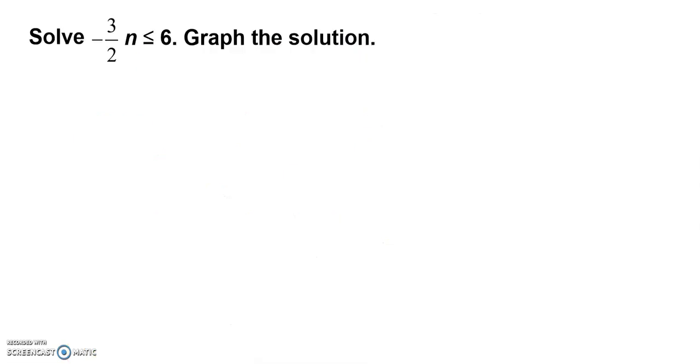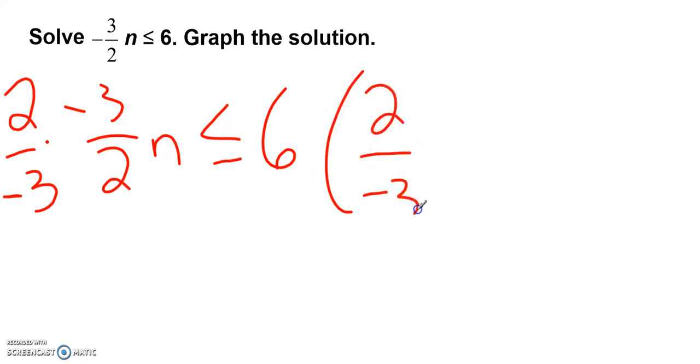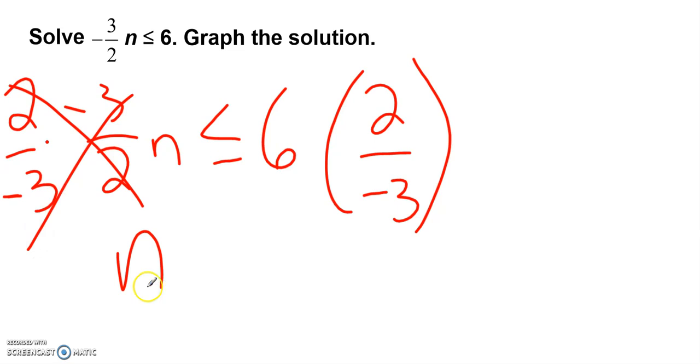Solve negative 3 over 2n is less than or equal to 6. I have to multiply by 2 over negative 3, and then 2 over negative 3. That's going to cancel. We have n. Since this is a negative and we multiplied by it, we have to reverse this.